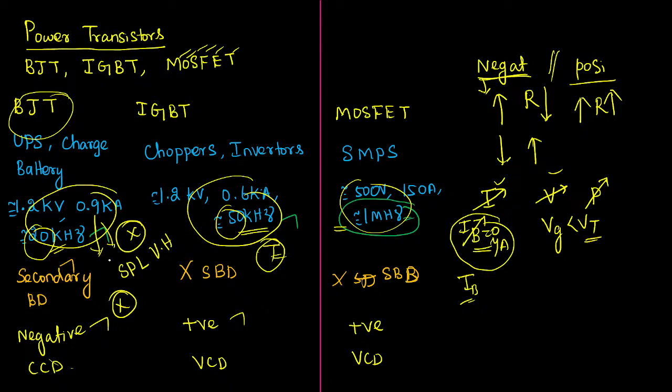Because in IGBT and MOSFET the frequency range is very high, whereas in BJT the frequency range is very low. I have just defined that time and frequency are inversely proportional. When the frequency range is low, the switching power loss will be very high. When the frequency range is very high, the switching power loss will be low. Switching power loss will be low in both of these cases because of the high frequency. You might have understood now.